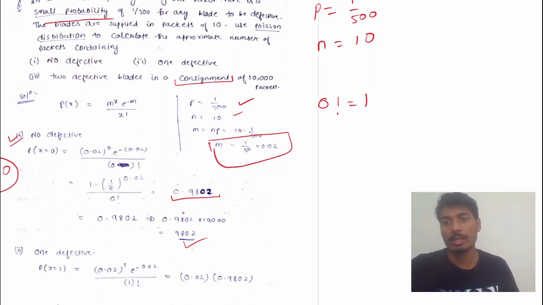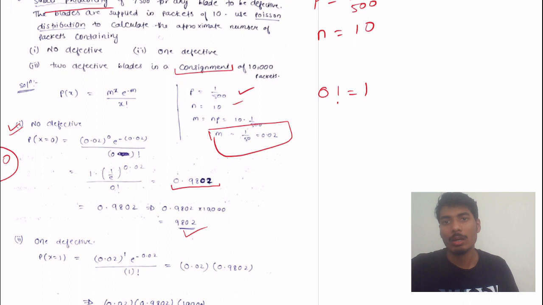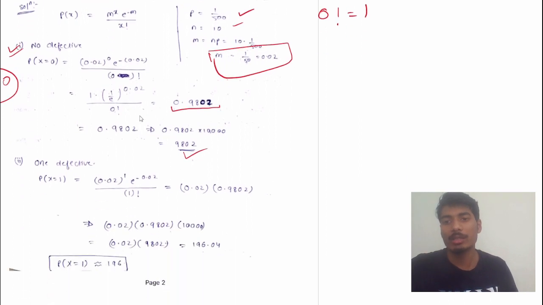Now second problem. One defective. One defective means x equal to 1, P of x equal to 1. So we know the value of m, and we know the value of x equal to 1. Simply, we have to put the values in the equation and we get the answer.